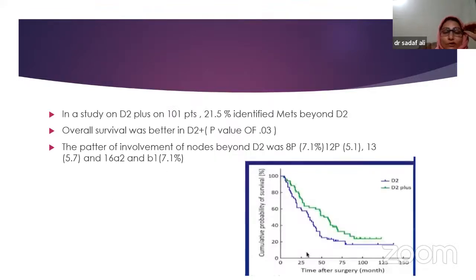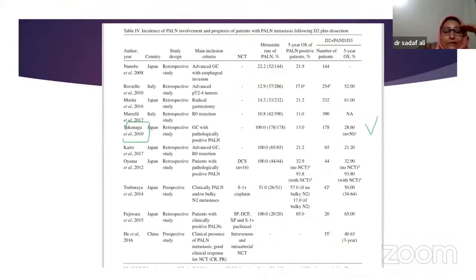And they have also shown that with D2 plus, if you involve those concerned lymph nodes, the pattern of involvement is proven to be 7% in 8P, 5.1% in 12P, 5.7% in station 13, and 7.1% in another station. This is one among those meta-analyses.